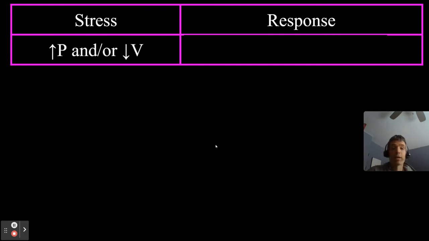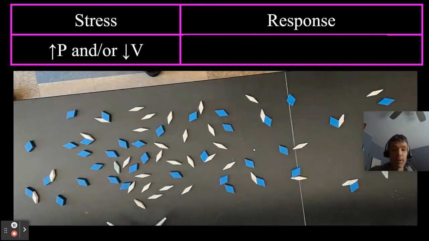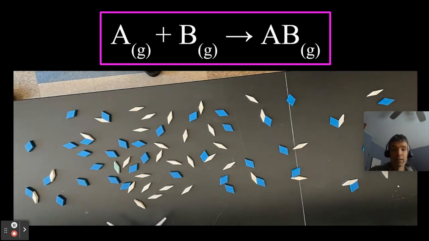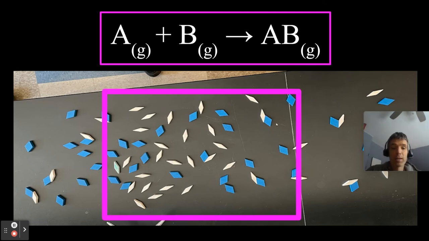Now, for gases, this is another way to influence concentration. I can increase the pressure by decreasing the volume. Here's a system. How would I decrease the volume? I'd shrink it down, right? And let's just say this is our equation. If you put all these things in this box, the pressure is going to increase.